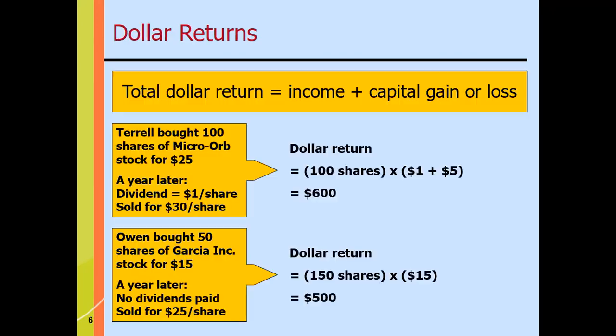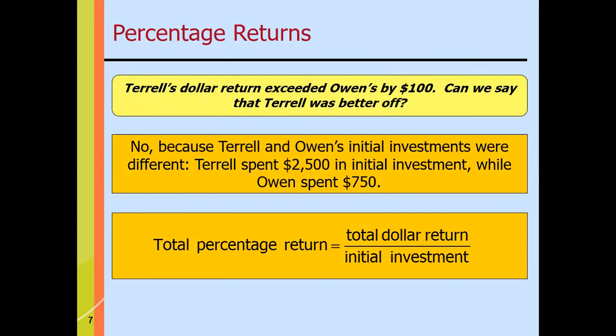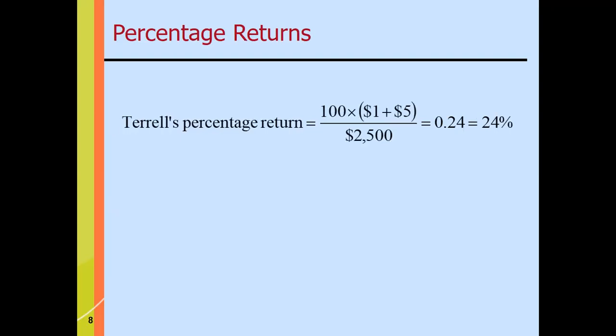So let's go back to the previous slide. So we have here again $25 times 100 shares, that's $2,500 for Terrell, initial investment. For Owen, that's 50 shares times $15, that's $750. And then these are now the initial investments as shown in this slide. Then to compute, we can get such by having the numerator, which is the total dollar return, divided by the initial investment.